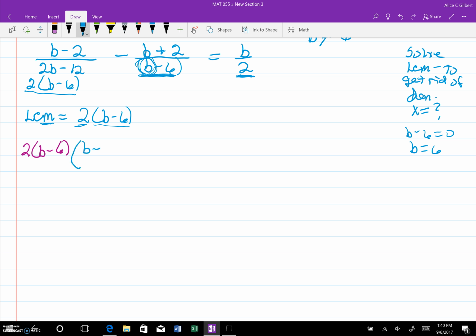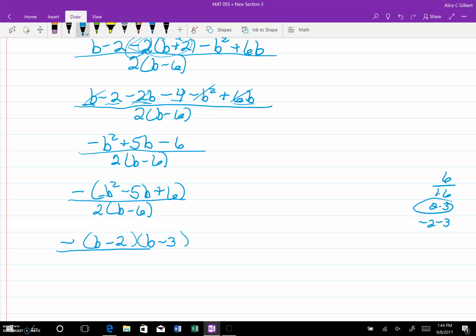And 6 is 1 times 6, 2 times 3. I think it should be this, minus 2, minus 3. When I add those two together, I get negative 5. Negative times a negative is a positive. And so minus 2 and minus 3 and 2b minus 6.